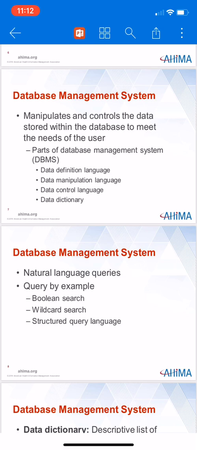All right, another example is going to be our Boolean search. Boolean search capabilities such as and, or, and not may be used in the QBE database, which is query by example, to narrow down the data to specifically what the user needs. For example, the query could retrieve patients who had a principal diagnosis of cholecystitis and a principal procedure of laparoscopic cholecystectomy.